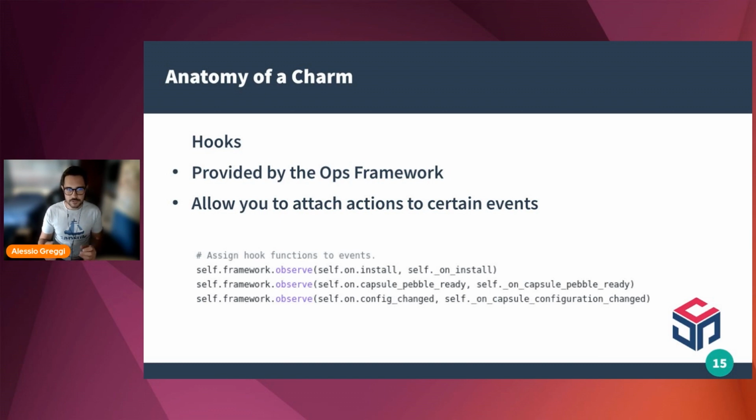So this example is related to our capsule charm, and so we managed the installation phase, then also the capsule Pebble ready event, and in the end also the config changed event. So having this event, you can attach the functions that you want to code, and in this way you are able to manage the life cycle of the charm, basing your behaviors with the events.